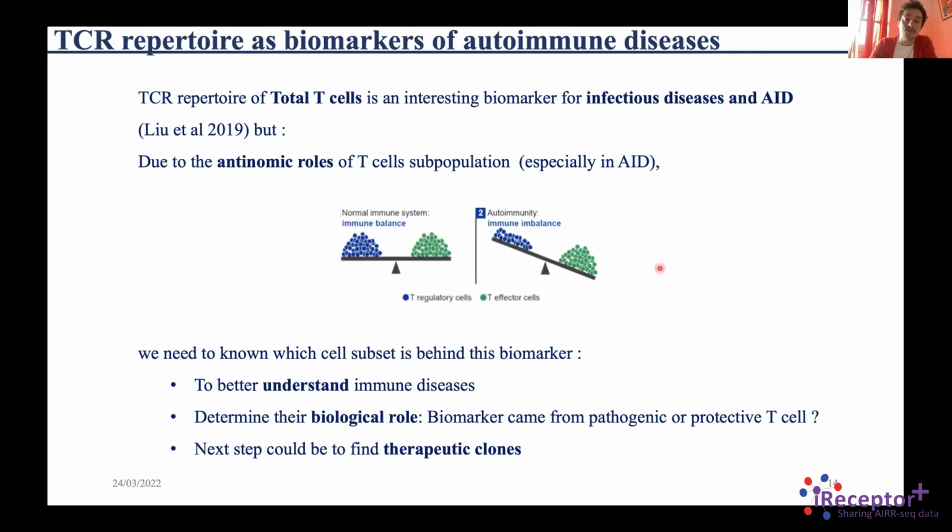But, as you know, especially in autoimmune disease, due to the antinomic role of the regulatory T cells and the effector T cells and the immune balance between these two cell populations, we know that we need to know which cell population is behind this biomarker. First, to better understand this immune disease and to determine the biological role of our biomarker. And with all of this information, it could, in the next step, be an interesting therapeutic clone.